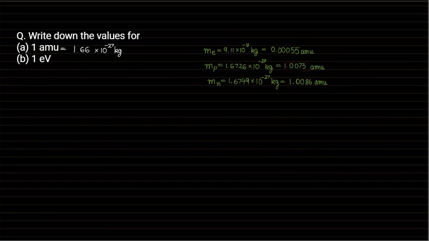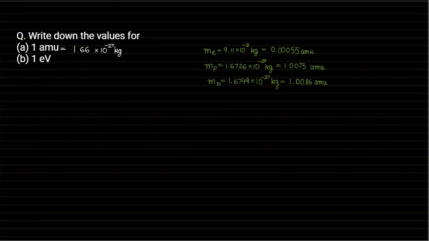The next one is 1 electron volt. 1 electron volt means how much energy is required by an electron to accelerate through a potential difference of 1 volt. This quantity I have already discussed in chapter 11, dual nature of radiation and matter, where I already calculated its value.